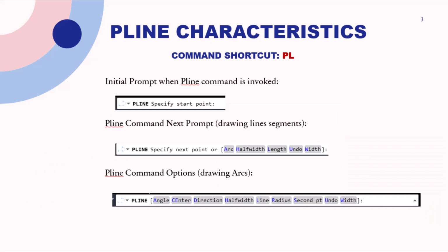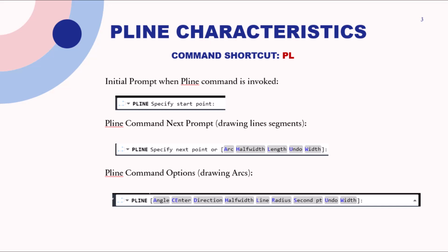On the screen I'm showing you the prompts that you're going to see when you start the Polyline command. So you have to specify the first point. And then if you're going to draw lines, you can specify either the width of your polyline or half of the width of the polyline.